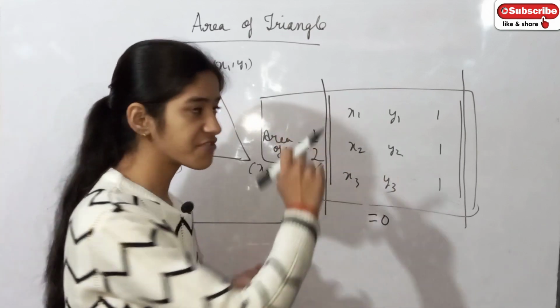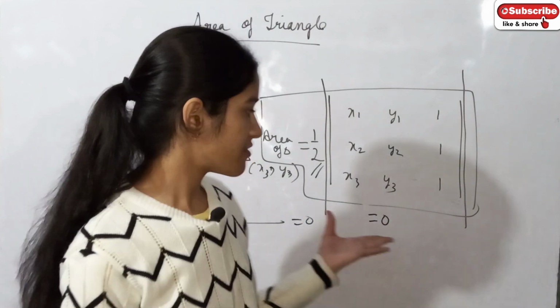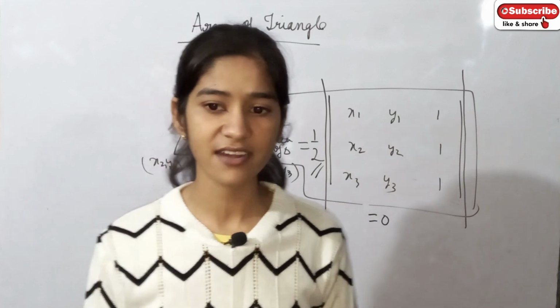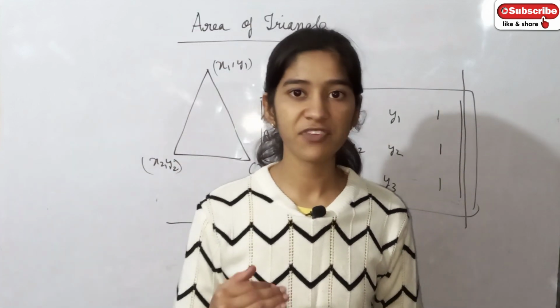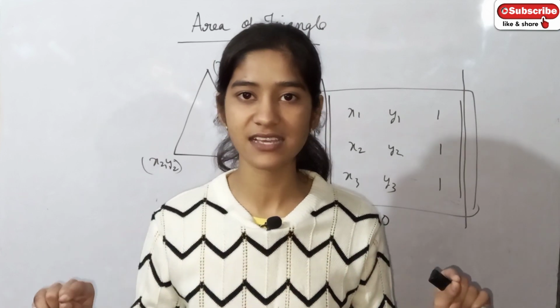It is also used in finding the equation of a line, that is, if some coordinates are given and it is said to find the equation of this line. What we have to do is, we know that the area formed by points on a line is equal to 0.